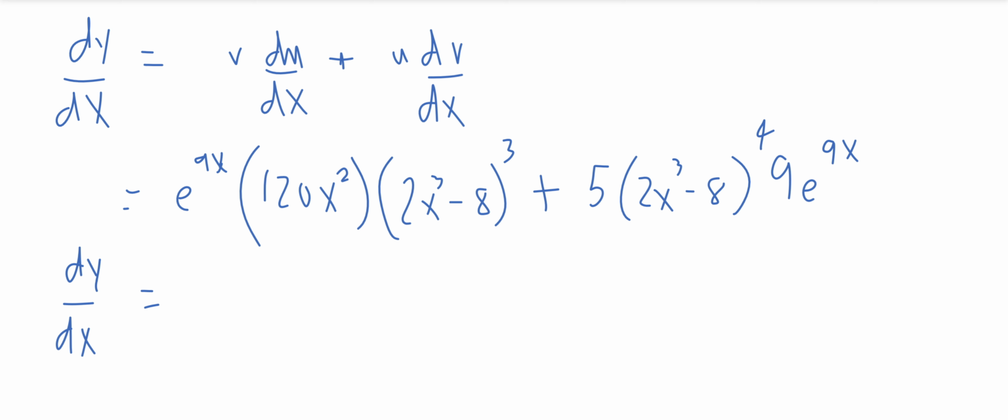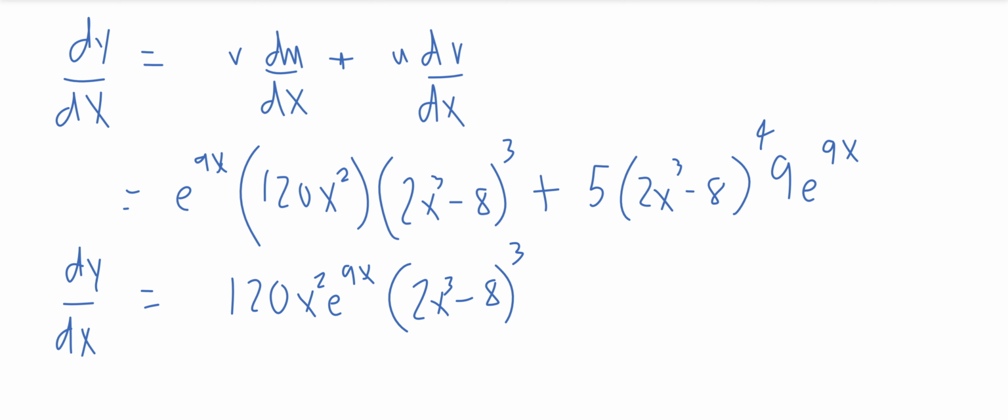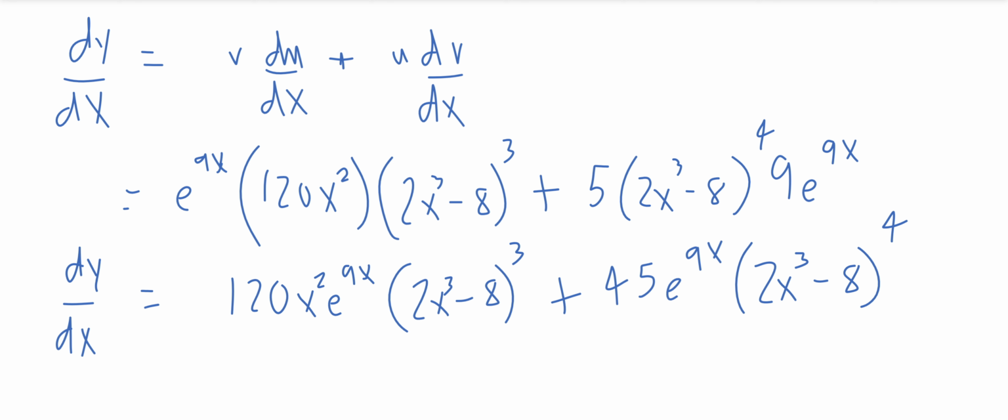That is 120x squared multiplied by e to the 9x, which you can write as 120x squared e to the 9x, multiplied by (2x cubed minus 8) cubed, plus 5 multiplied by 9e to the 9x, which is 45e to the 9x, multiplied by (2x cubed minus 8) to the 4.